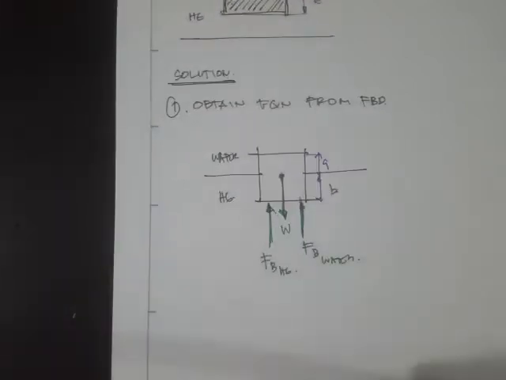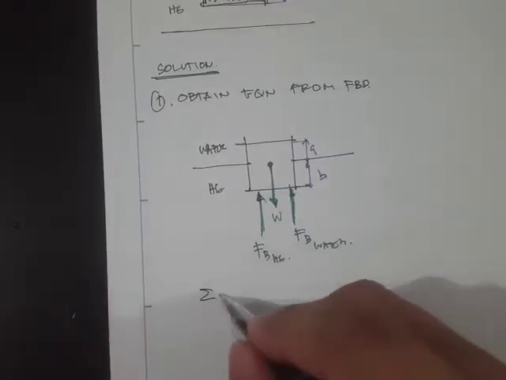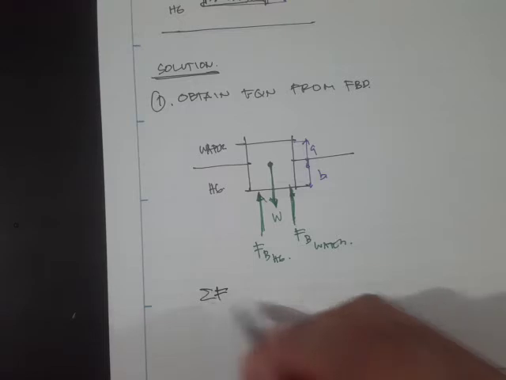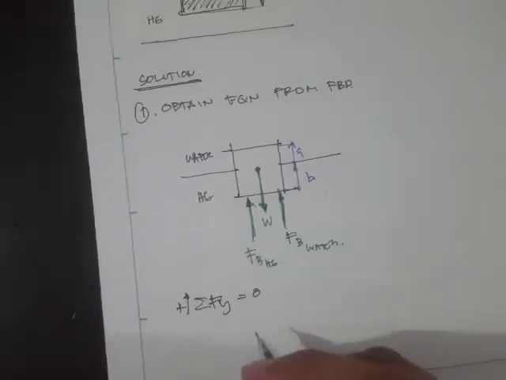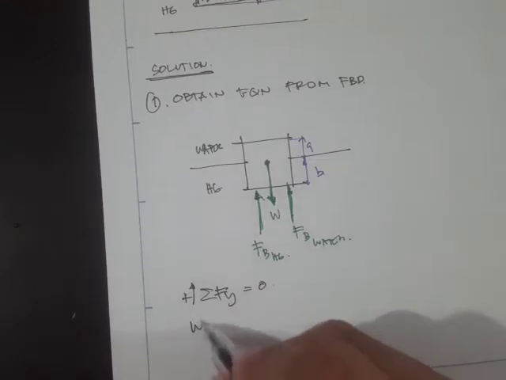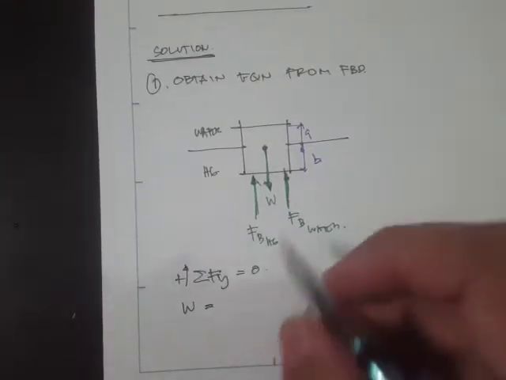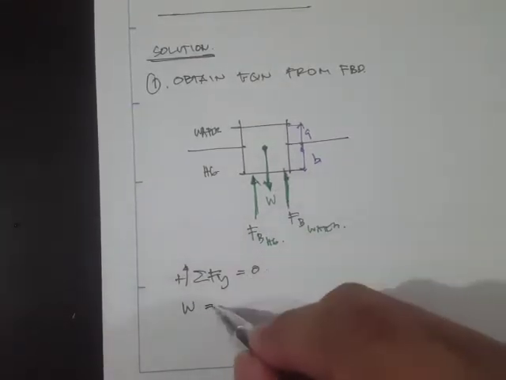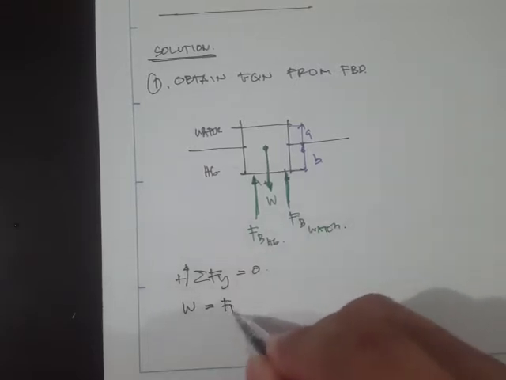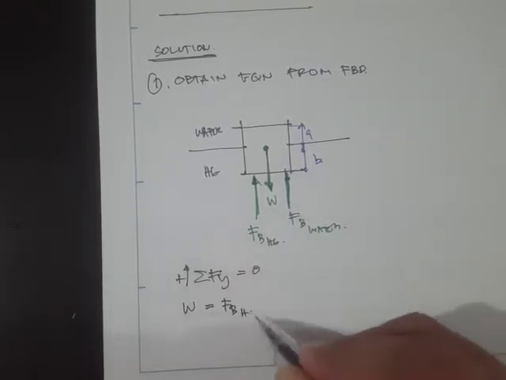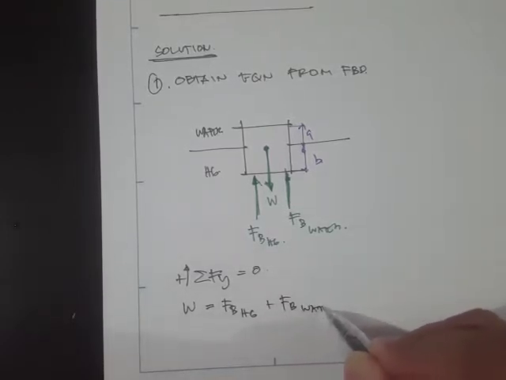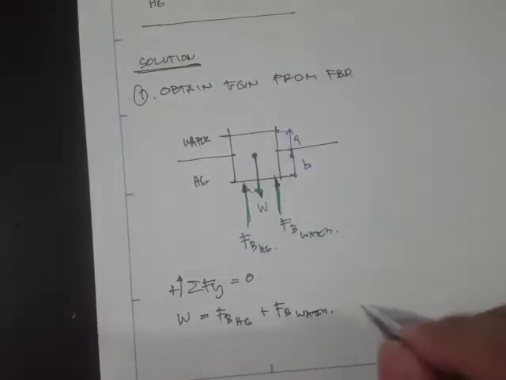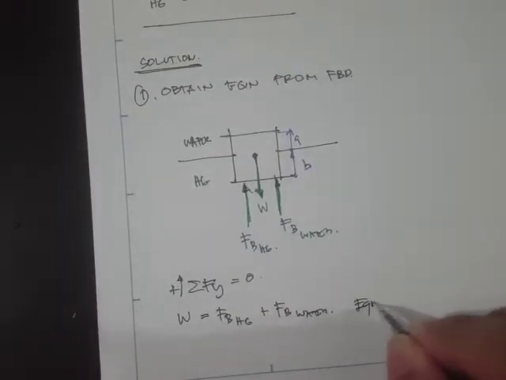Therefore, if we apply the equilibrium equation, summation of forces in y is equal to 0, we can see that the weight is just equal to the buoyant force induced by the mercury plus the buoyant force induced by the water.